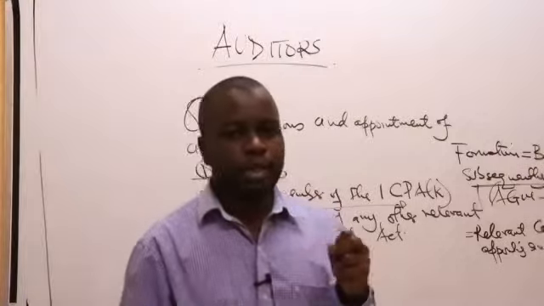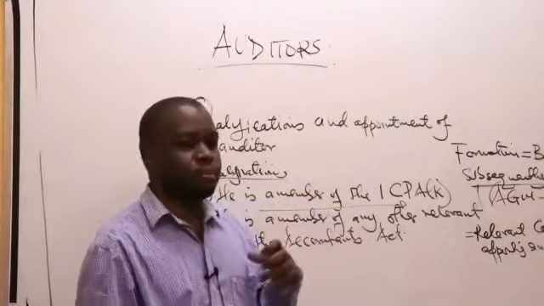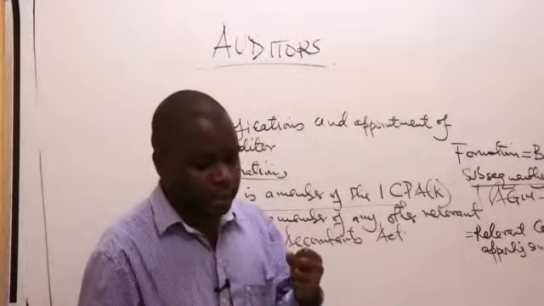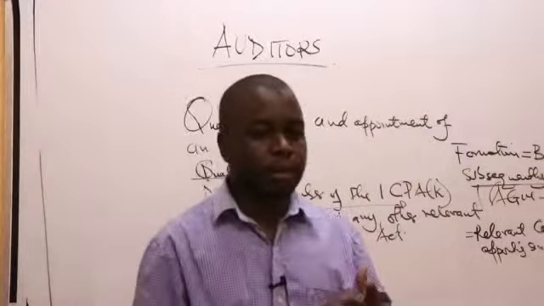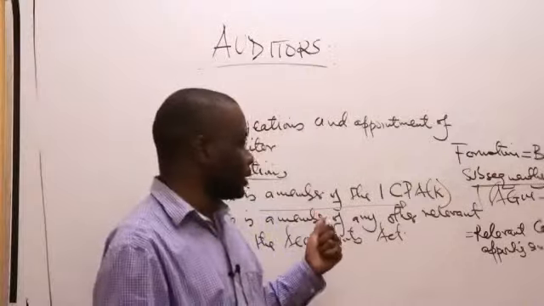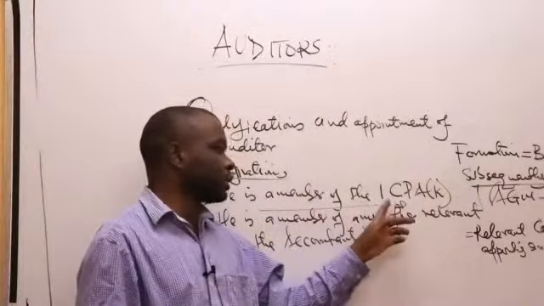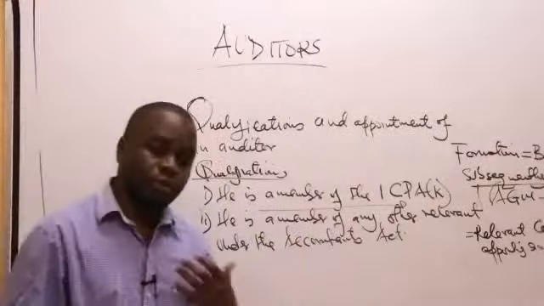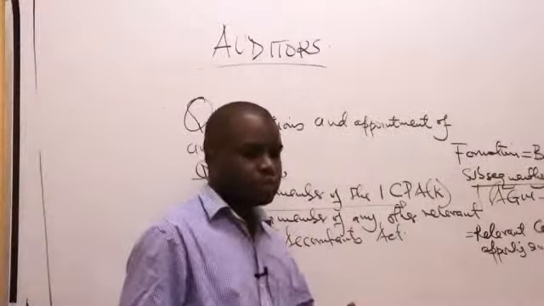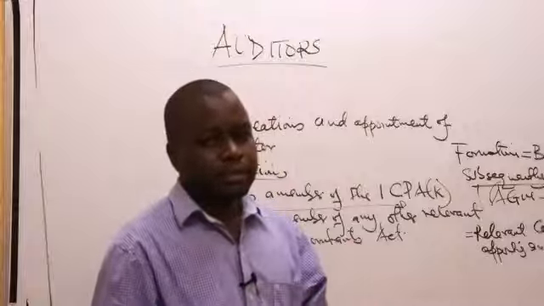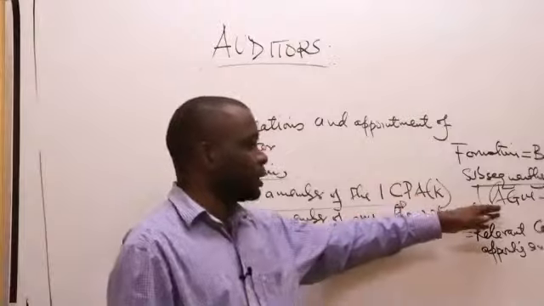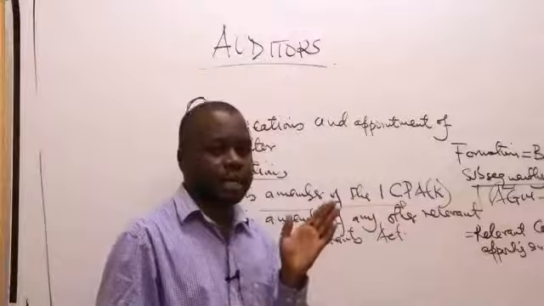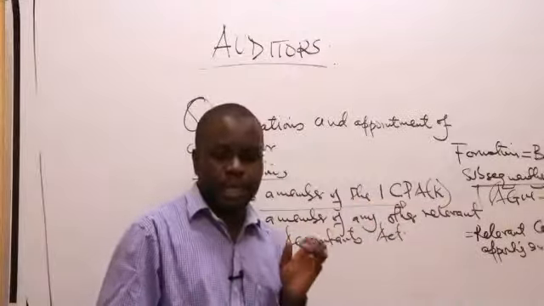For example, if he's not qualified to be reappointed, if his certificate of practice has been revoked by the Institute of Certified Public Accountants of Kenya. Another one, maybe he voluntarily resigns. He doesn't want to be the auditor of the company. In such a case, the members at the AGM will appoint another person. So he won't be reappointed.